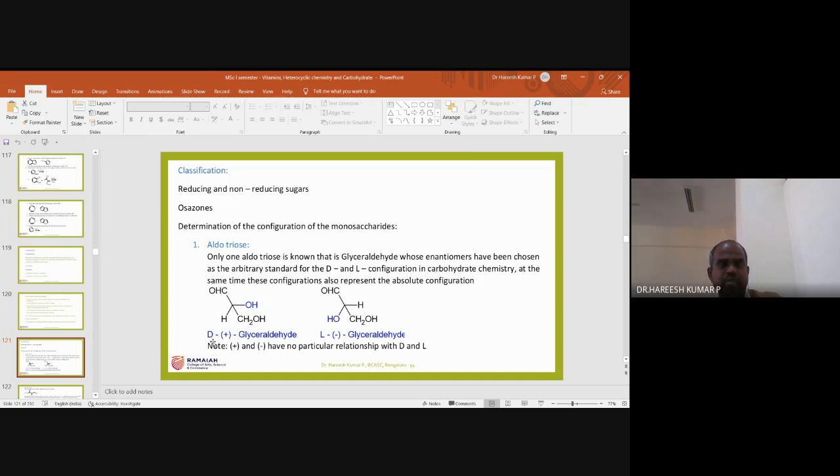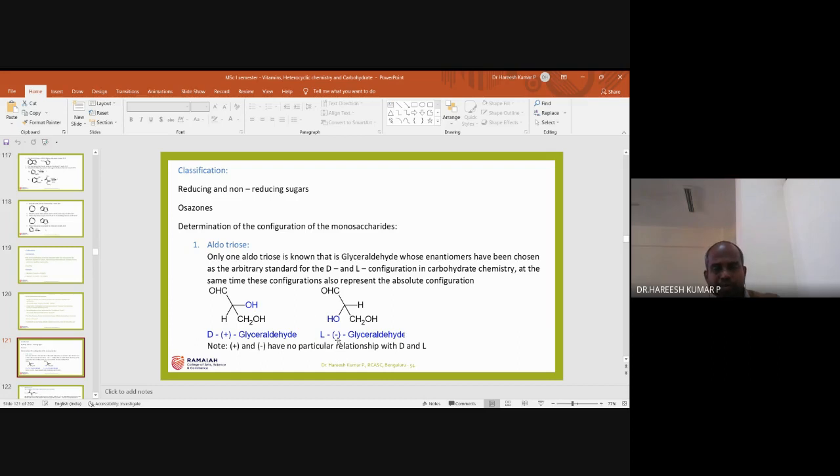D is assigned to an optically active compound if the highest priority group is on the right-hand side, then it is called D. Similarly, in an optically active compound, if the highest priority group is on the left-hand side, then it's called L. So L also is a theoretical phenomenon, not the experimental one.